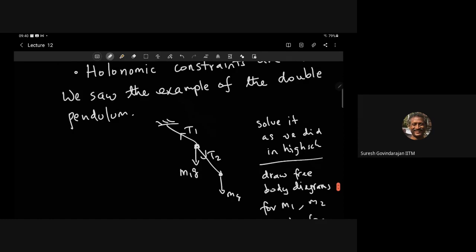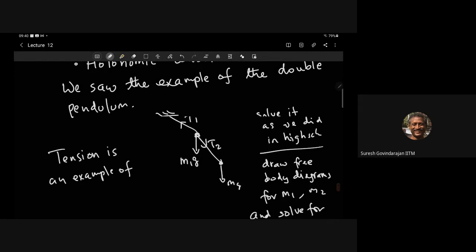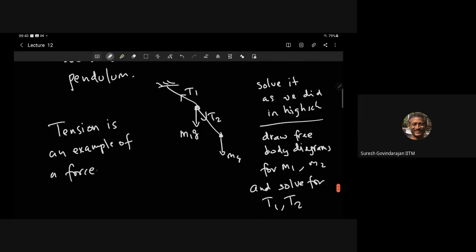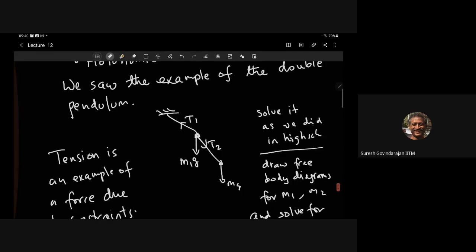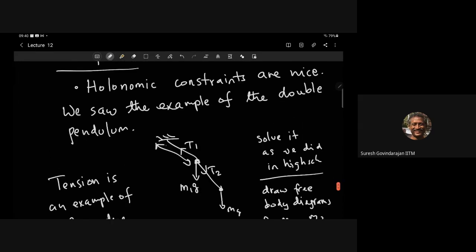Isn't this how we used to solve the problem? So tension is an example of a force due to constraints. What is the constraint here? That this thing has some length L1, this thing has some length L2. So these are the constraints, and the corresponding forces are tensions.